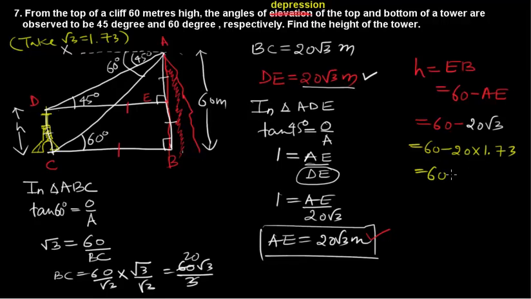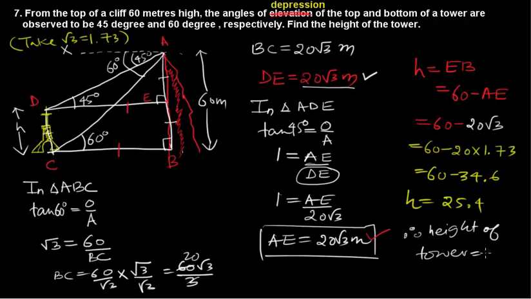Multiplying, we get 34.6, and then subtracting, we get 25.4. So H is the height of the tower. Therefore, the height of the tower is 25.4 meters.